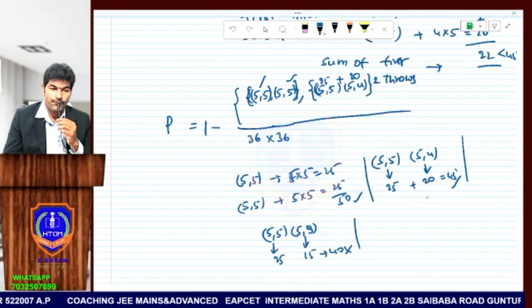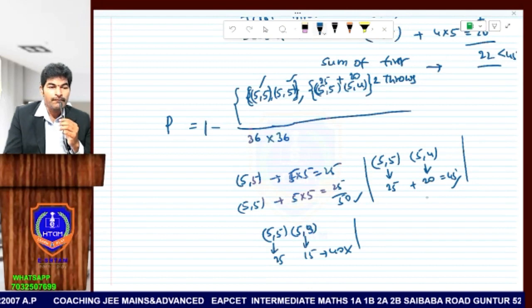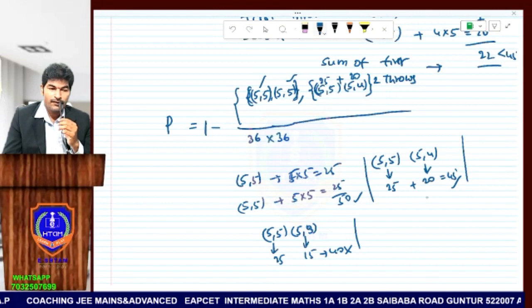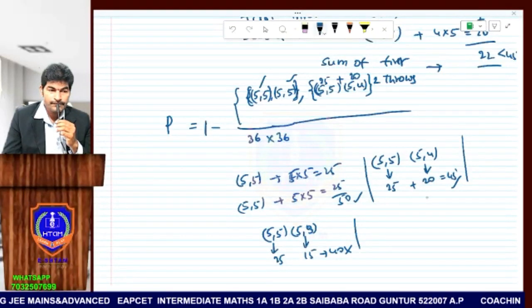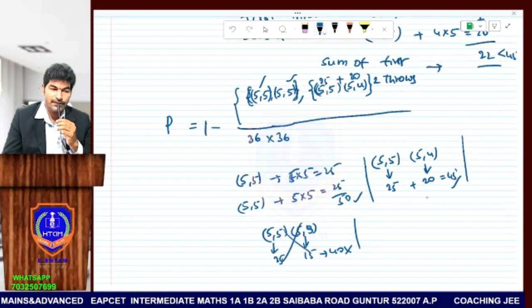Yeah. So how many events in total? 36. No, these events. This is not eligible. Only 2 possibilities like that, right?